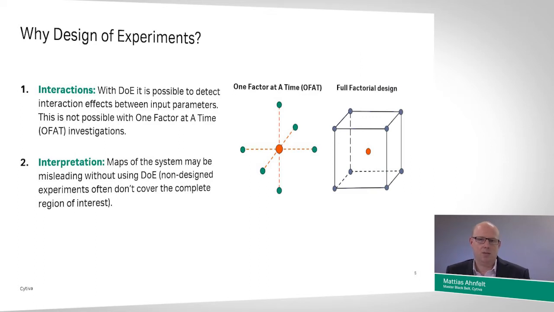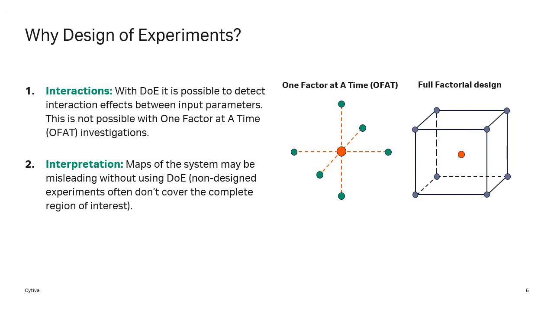If we change one factor at a time in our optimization efforts, we will never learn if the effect from the parameter we are changing is affected by the setting of another parameter on the input side. So one factor at a time never discovers if we have interaction effects. But we do that with a DoE approach.